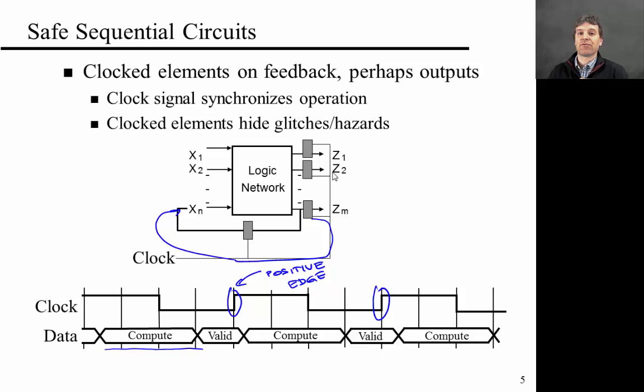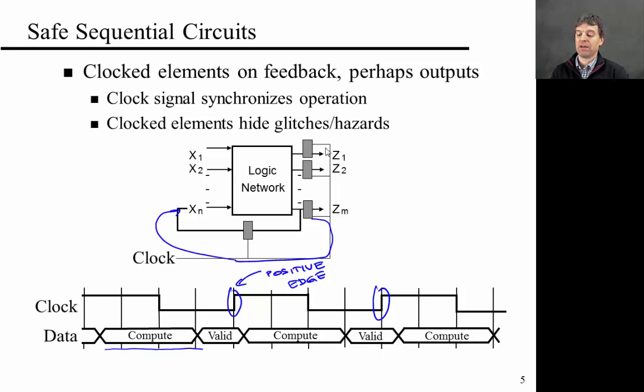Okay, but there's a second requirement that we need to build a sequential circuit, which is that we also need some way of holding state, right? So what I'm saying is that during this whole time when I'm computing what the next output's going to be, I have to keep feeding in the value of the output from the previous cycle, right?